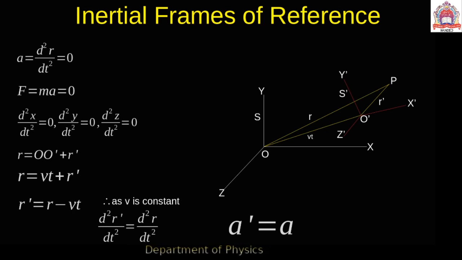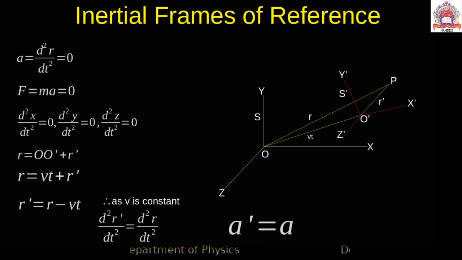In that case, your eyesight also changes. When the light is acting on your eyesight, contraction and expansion takes place in your retina. So all these frames are inertial and they are related with each other.